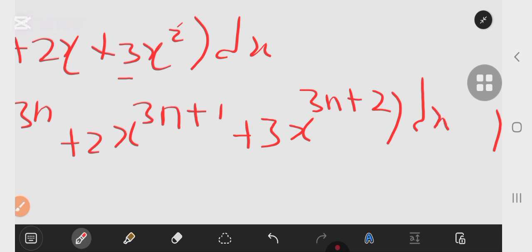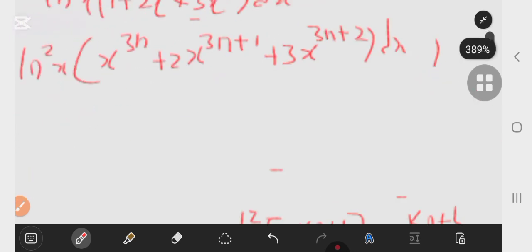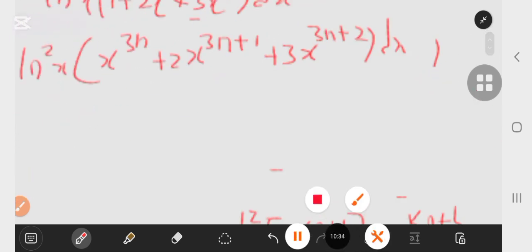So I'm quickly going to apply this formula that I just derived here.